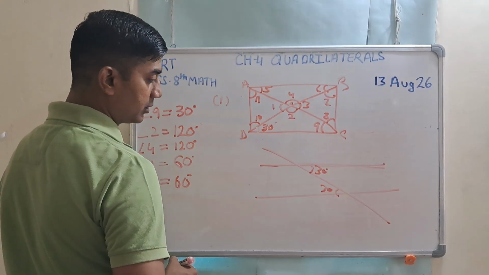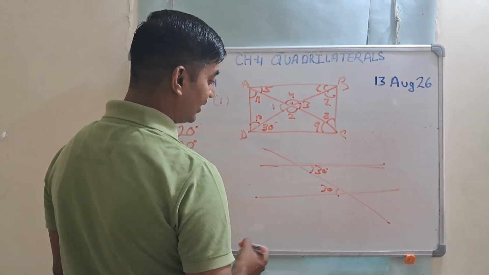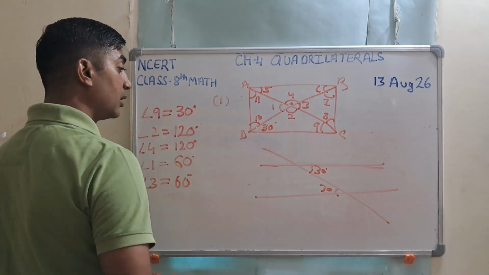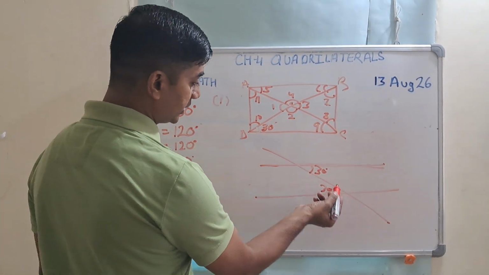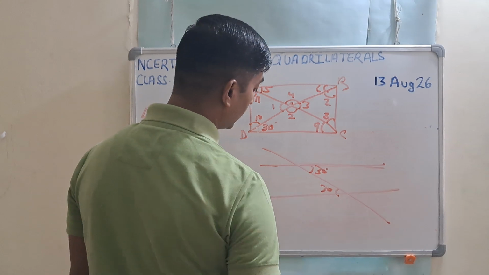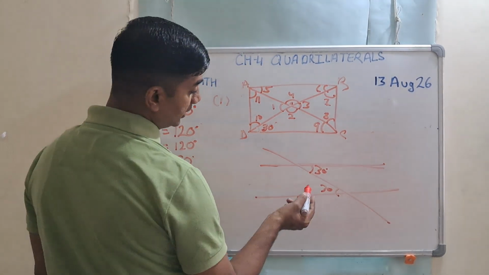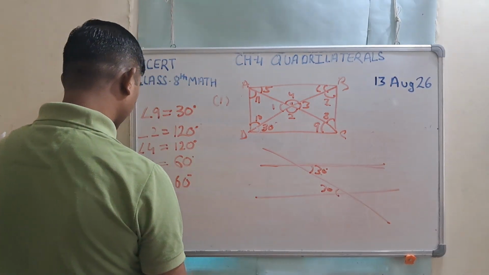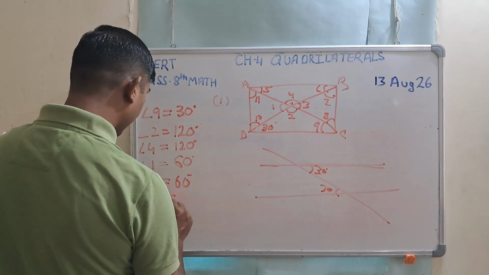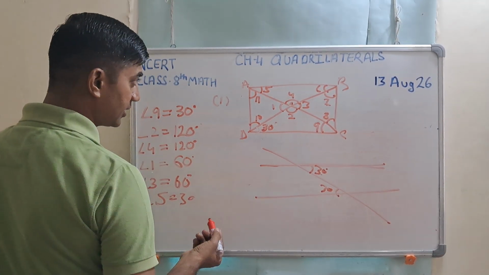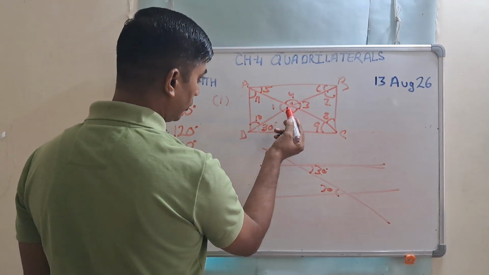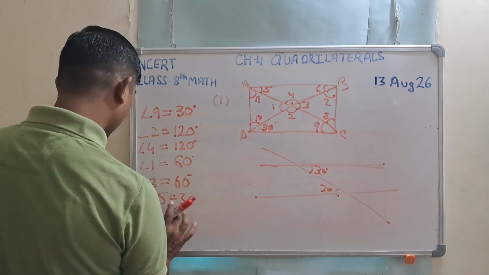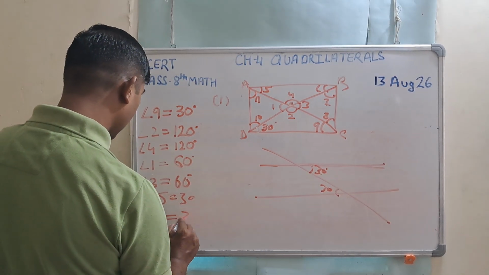What is this property? Alternate interior angles are always equal. Alternate interior angles formed by a transversal on parallel lines are equal. Got the point? So angle 5 is also 30 degrees, and in the same way, since AO is equal to OB, angle 6 is also 30 degrees.